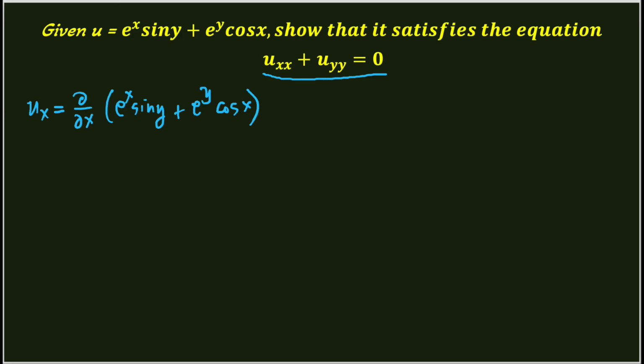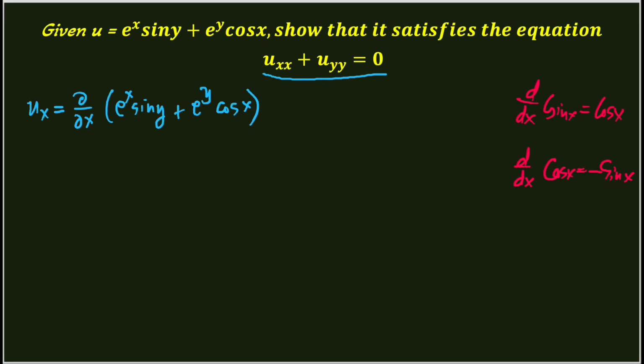A little note here that the derivative of sine x is equal to cosine x, and the derivative of cosine x is equal to negative sine x.